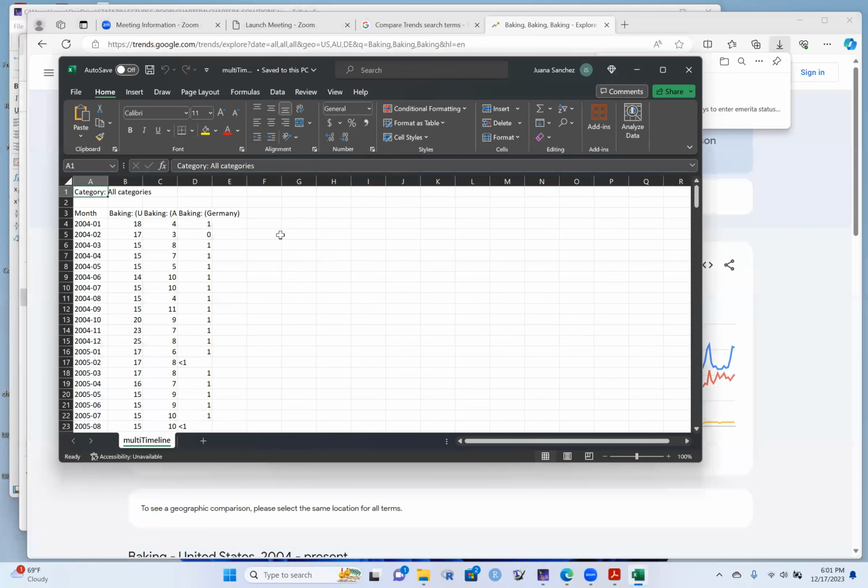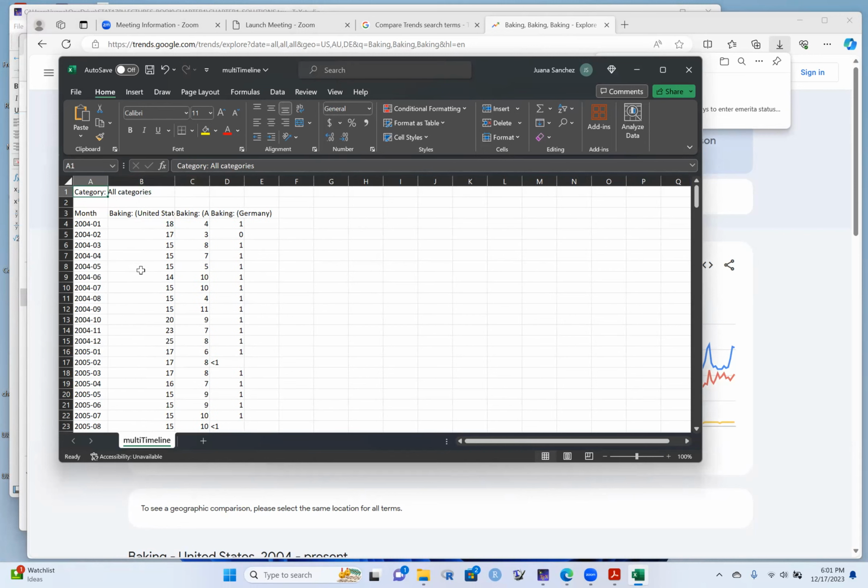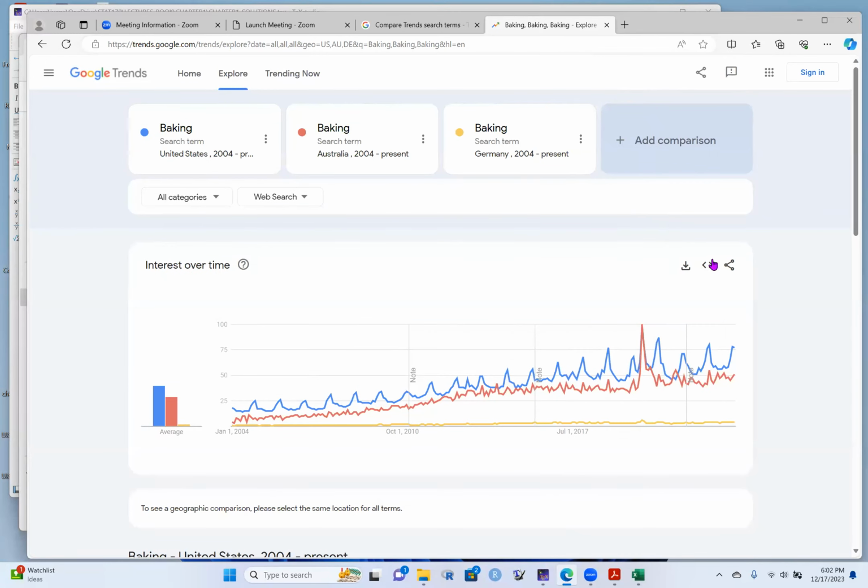And this CSV file is nice because you can have a timestamp and you can have the countries, interest in baking in each of these countries, and you could do time series analysis with them or add them to your models or use them as covariates or many other uses that we are going to have for these kinds of time series across the chapters in the book. So it's worth keeping in mind that these could be good data sets to have.